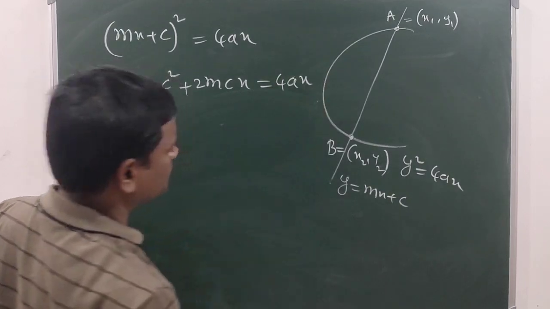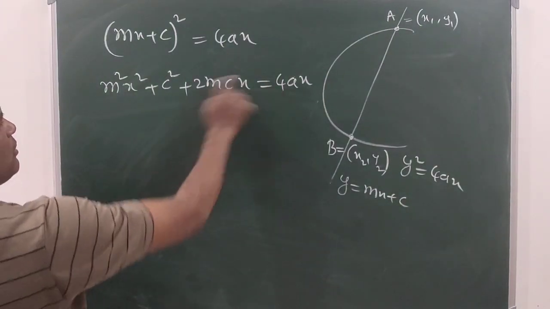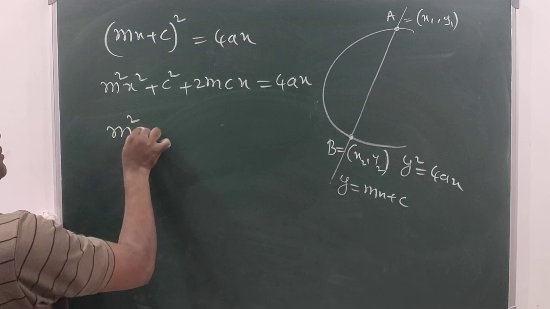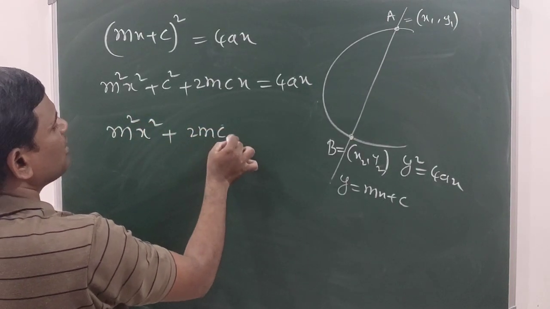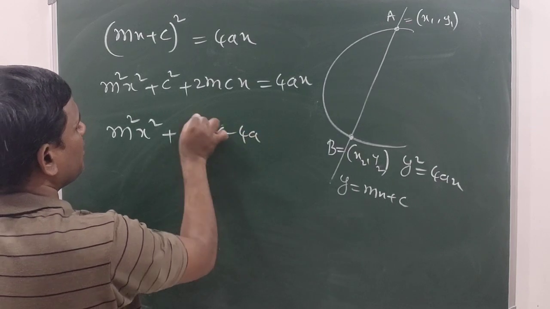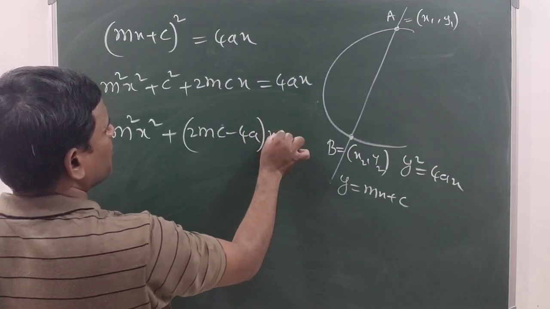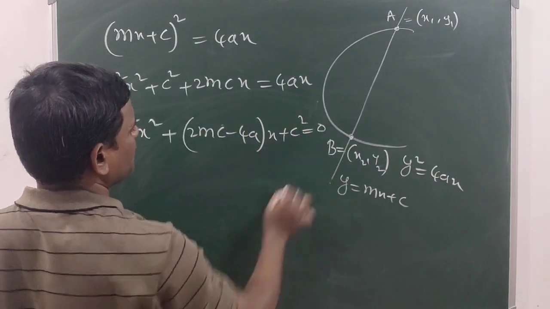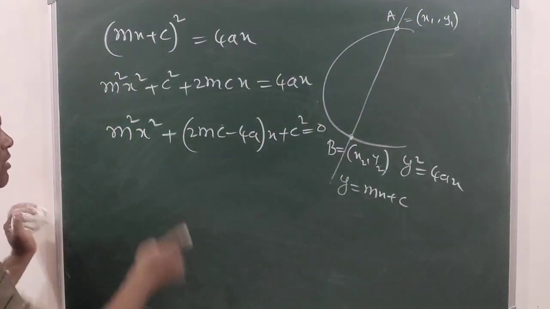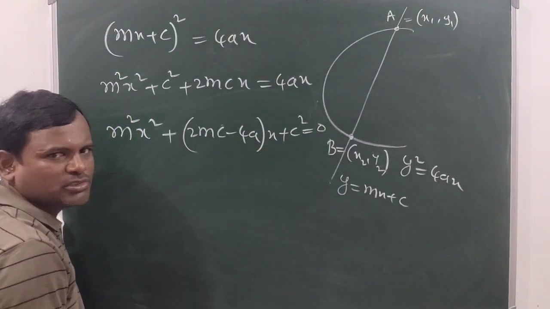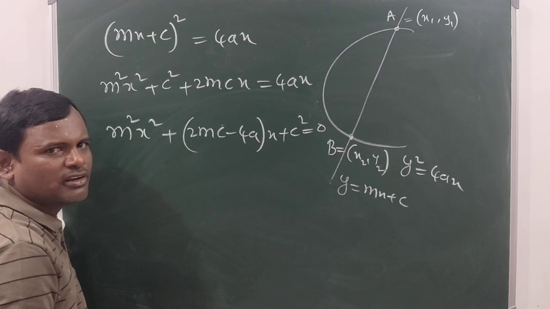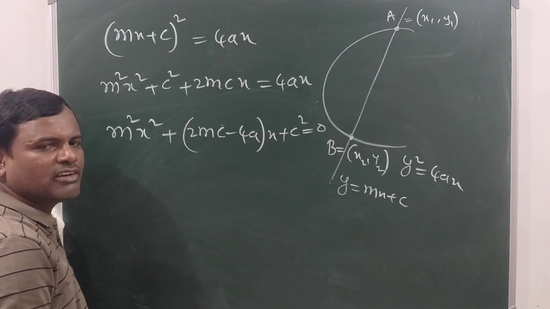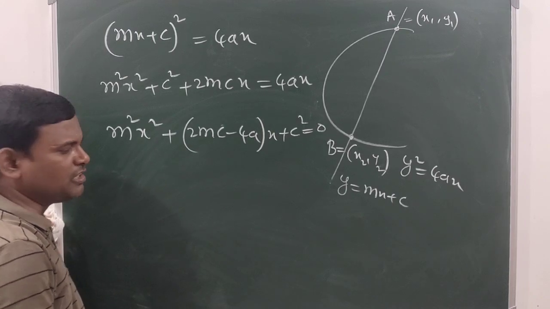Now bring it to the left side, so that you will get m square x square plus (2mc minus 4a) x plus c square equal to 0. Now it is a quadratic equation in terms of x. On solving this quadratic equation, you will get two values for x. Let us take one point as x1 and the other one as x2.